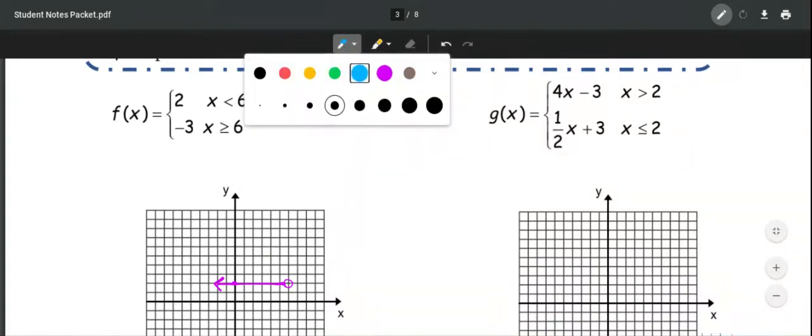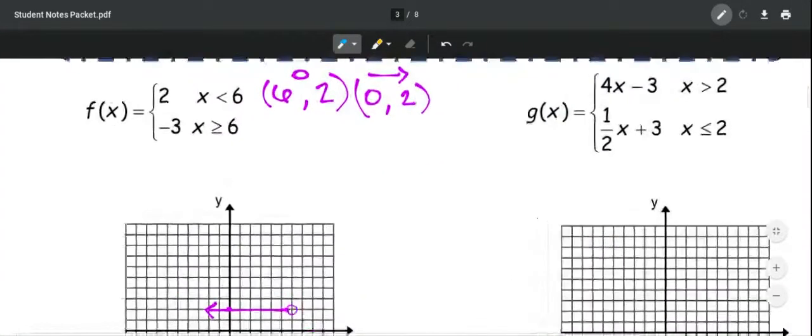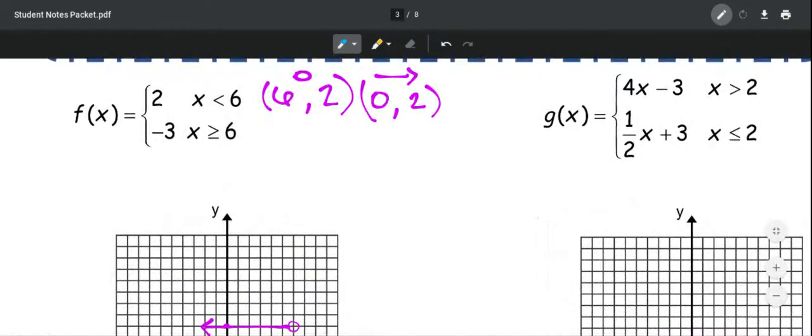Now my second equation is at 6. If I plug it in, I still get -3 because there's no x value. And that one is closed because of the equal sign underneath. Okay. The other number is an arrow. So I need to pick a number greater than 6.